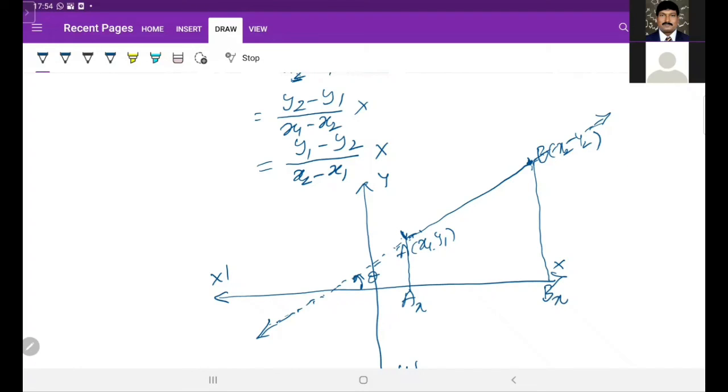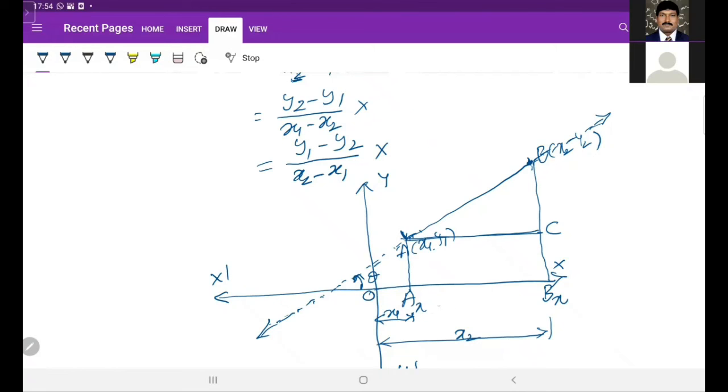Draw a perpendicular here also. Understand? Suppose this point is C. So this value, how much? This value is x1, horizontal. Okay, so this value, how much now? This is the point B. It is x2, because it is from the origin, x2.